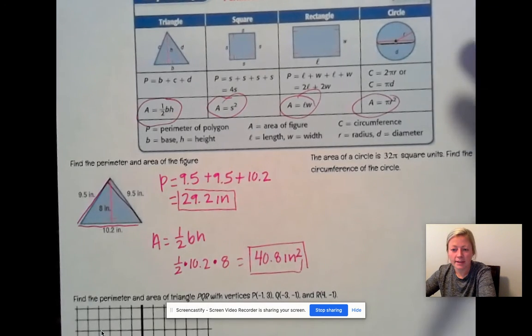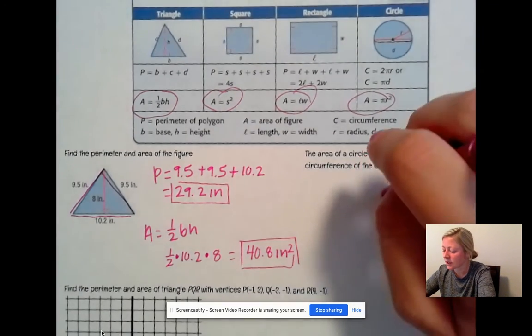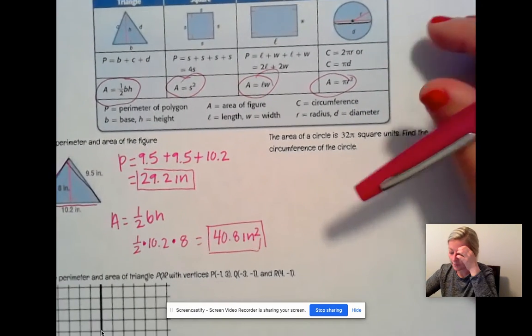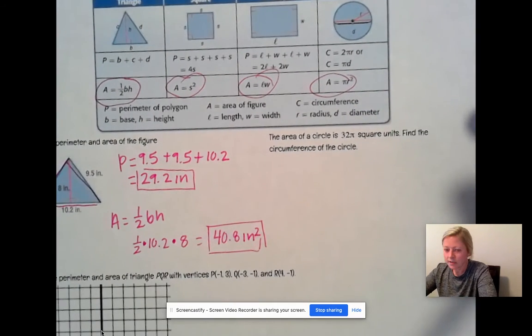Okay, and our last one for notes on this video will be this guide to the right, and we'll do the last one in class when I see you next. It says the area of a circle is 32 pi square units. Find the circumference of the circle. So we're kind of working backwards. Let's break it down.